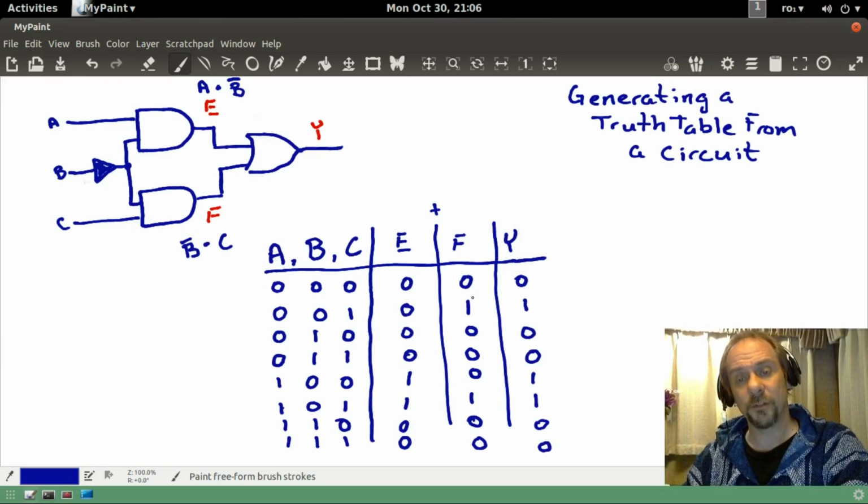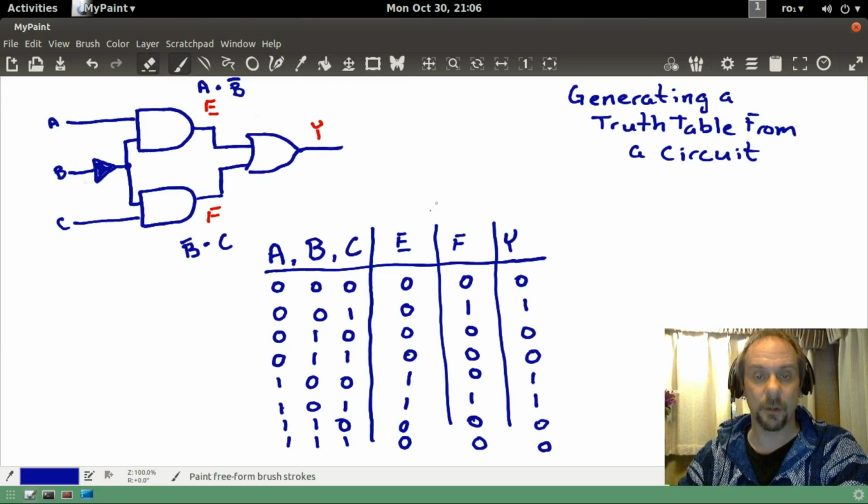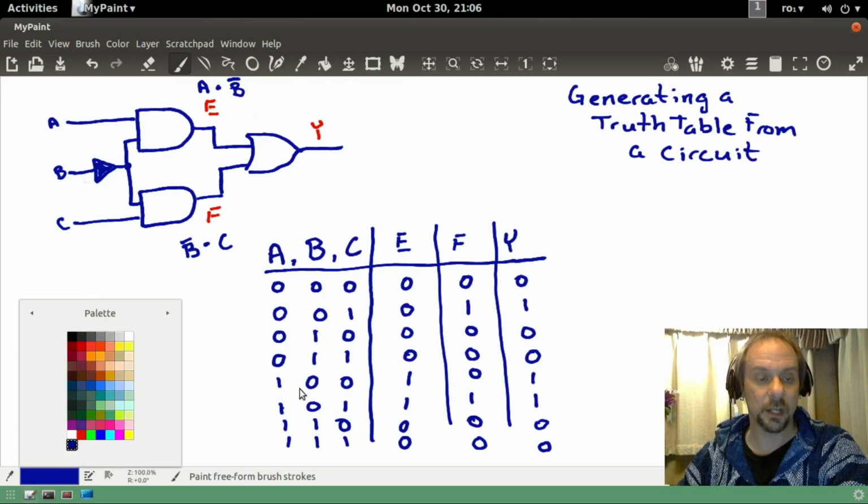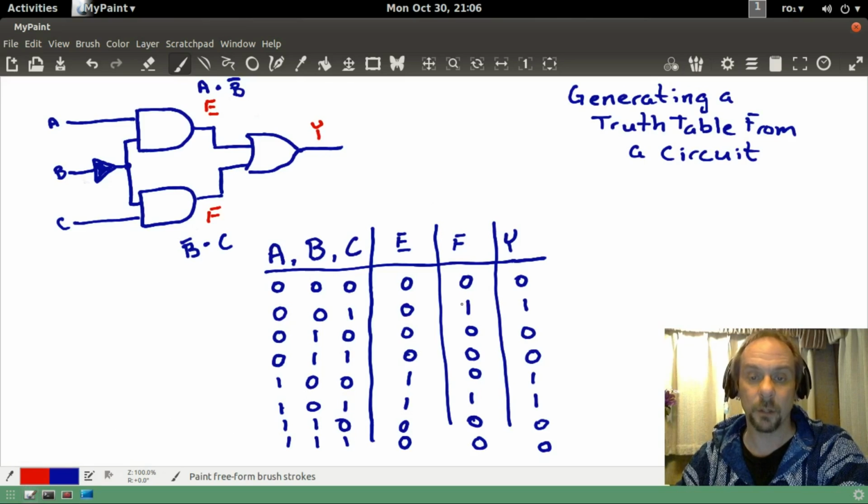We are most of the way there at this point. The next thing we have to do is create a sum of product expression from this truth table, and we do that exactly the same as we did when we were going from just the output to creating this circuit. That is, I'm going to look and see where my max terms are. So I have a max term here, here, and here.